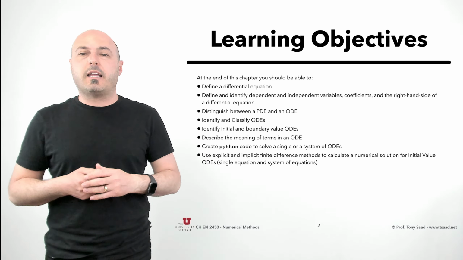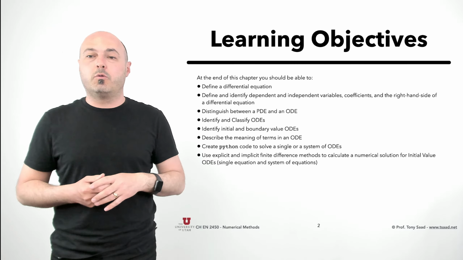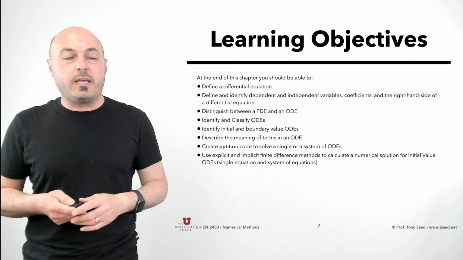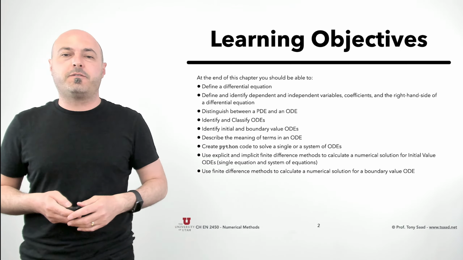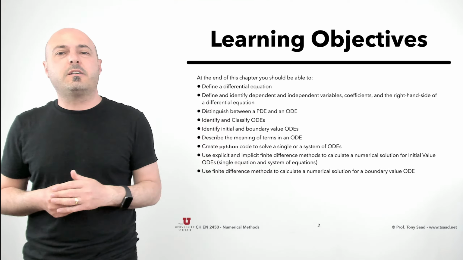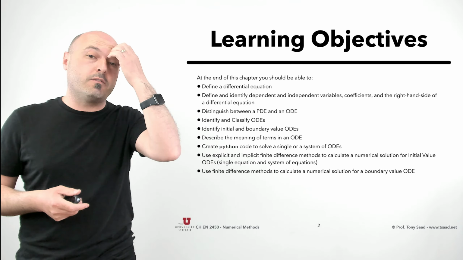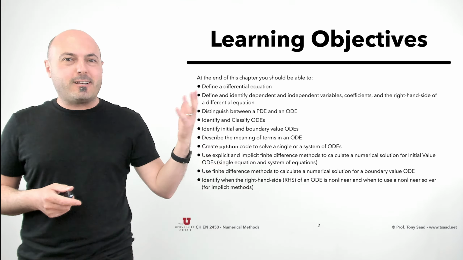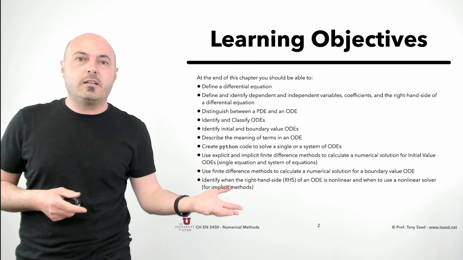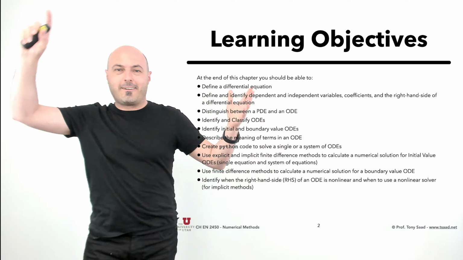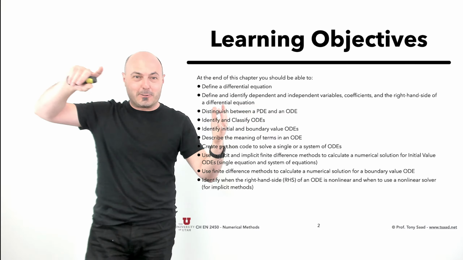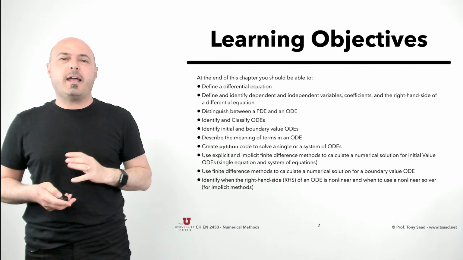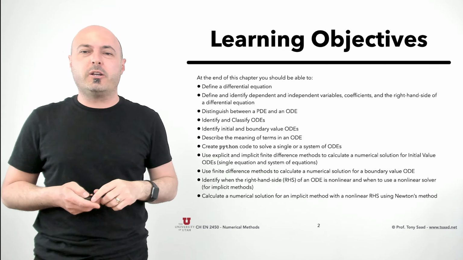And use explicit and implicit finite difference methods to find a numerical solution for initial value ODEs for a single equation and a system of equations, and use finite difference also to calculate the solution for a boundary value ordinary differential equation, and identify when the right-hand side is linear and when it is nonlinear. And this is where nonlinear solvers come in, and this is where linear solvers eventually come in. This is kind of like the extreme end of ordinary differential equations.